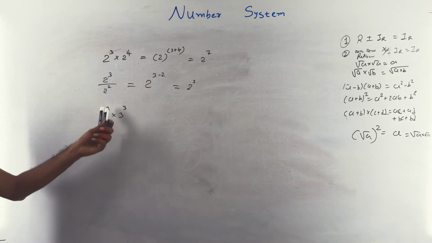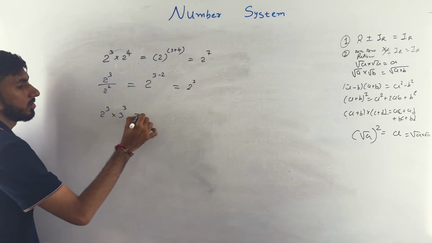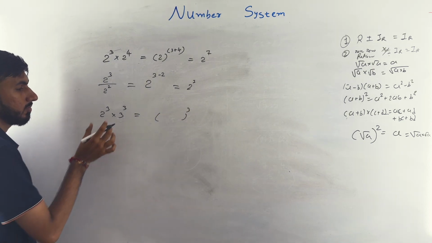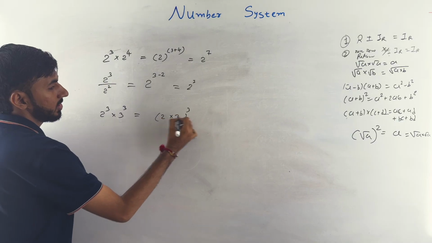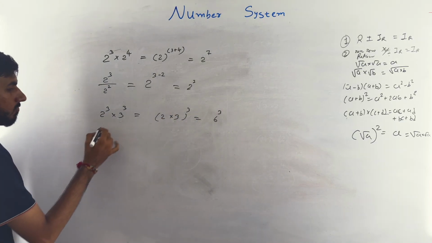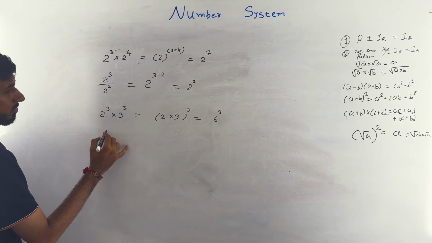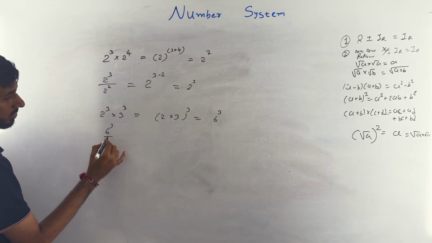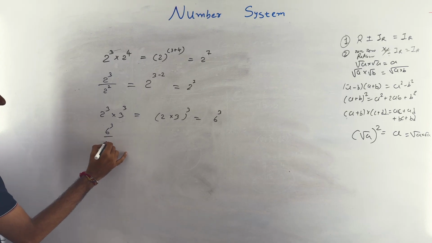Here we do not have the same base, but we have the same powers. So we will keep the power the same, but just multiply the bases, that is 6 to the power 3. What if I have division of numbers with the same power, not the same base?